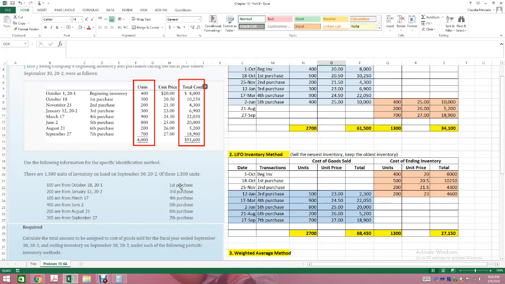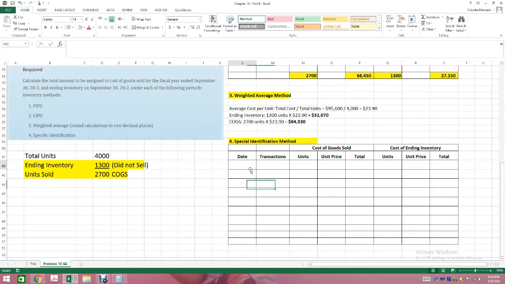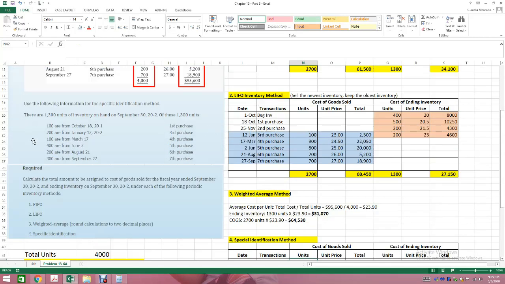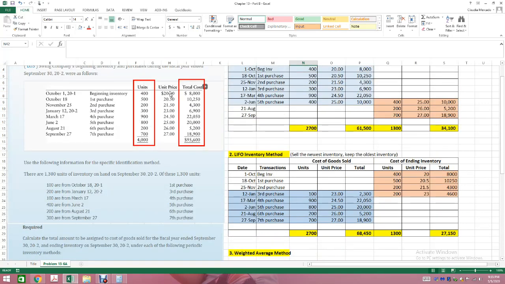So for us not to get confused, let's get started with the October 1st transaction first. October 1st, that's the beginning inventory. Did they reference that here in the list? No, they did not. So that means that those items in your beginning inventory were sold. So we have 400 units at $20 apiece.